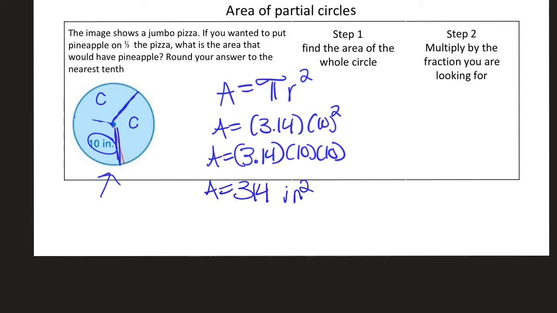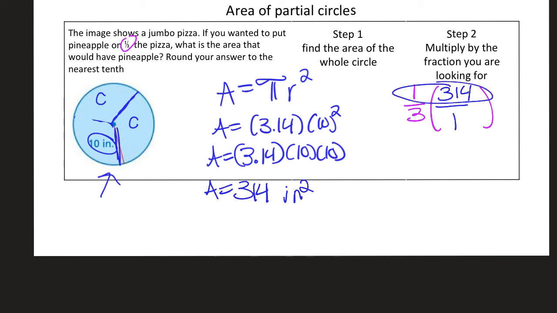So step 2, I'm going to multiply by the fraction that I want to find. So I'm looking for 1/3 of the pizza, so I'm going to take 1/3 times the area of the pizza, 314. We'll make it into a fraction over 1, so it's easier.